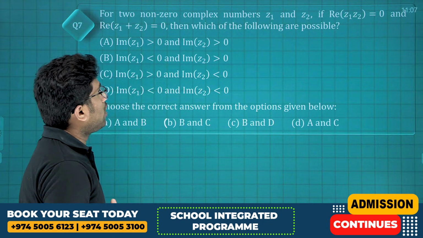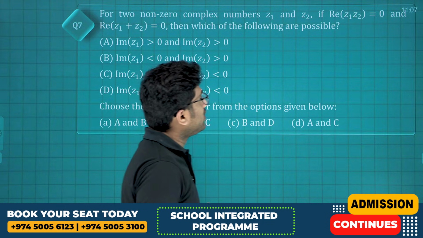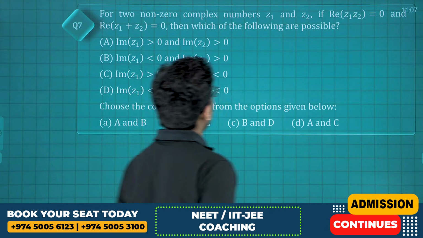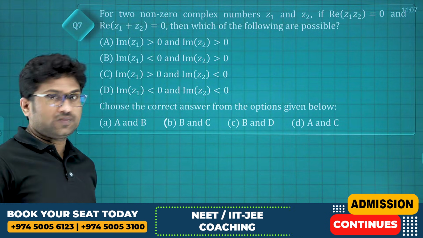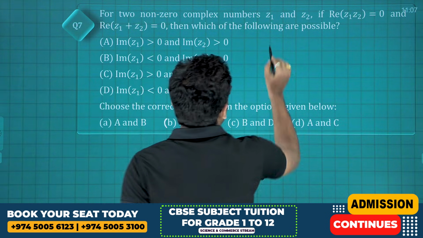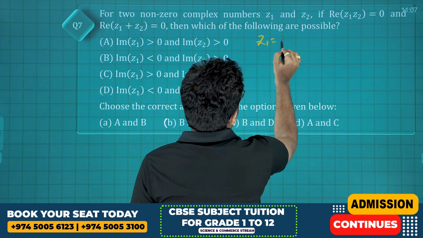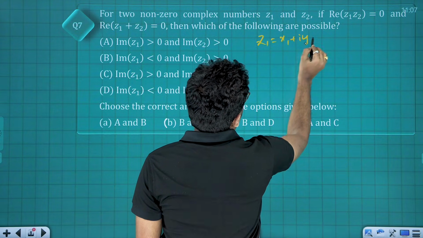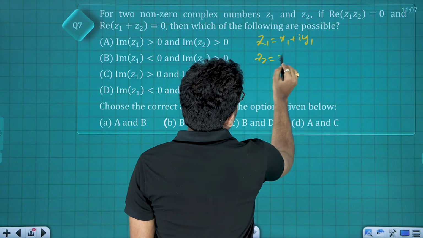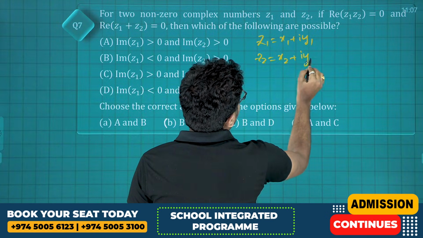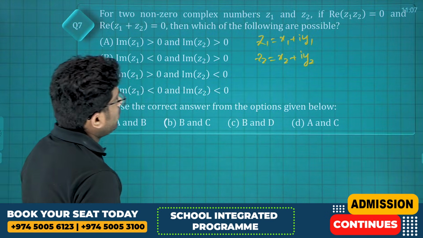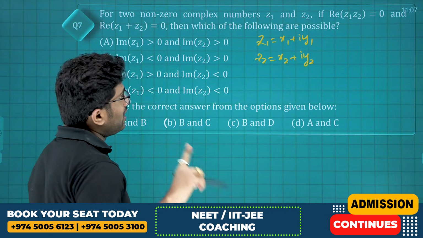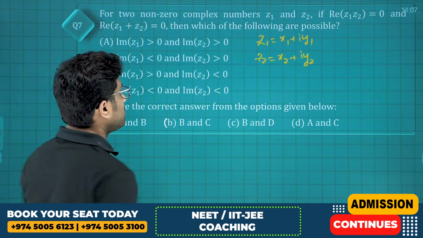For two non-zero complex numbers z1 and z2, if real part of z1 into z2 is equal to 0 and real part of z1 plus z2 is 0, we do one thing. First, let z1 is equal to x1 plus iy1, z2 is equal to x2 plus I times y2. First equation: real part of z1 into z2. What will be the real part of z1 into z2?